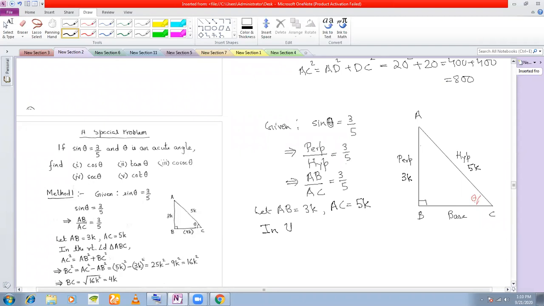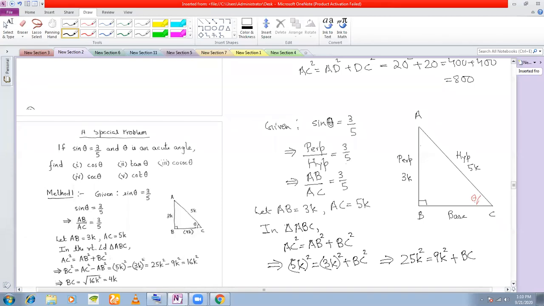By Pythagoras theorem, I can find the base in terms of K. In triangle ABC, AC square is equal to AB square plus BC square. AC square is 5K whole square, AB square is 3K whole square, and BC we need to find. So 25K square is equal to 9K square plus BC square.